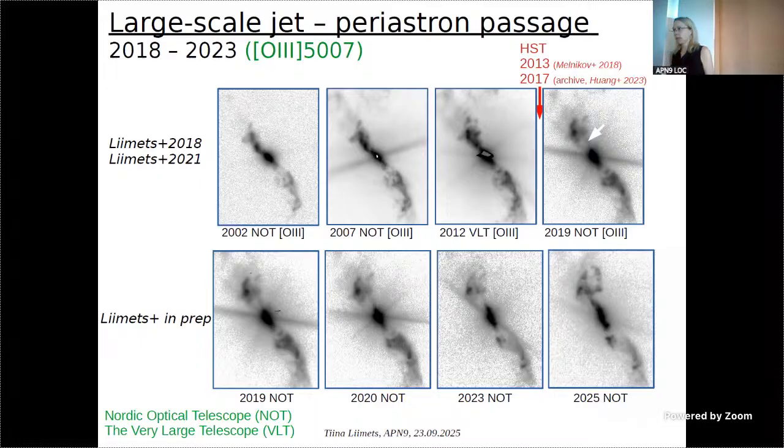It's not recombination, because the other emission lines, we have images in several optical emission lines, show similar changes on similar timescales. If these are all oxygen 3 images and it were recombination, then the changes in oxygen 3 would be much faster, but they are not. But to distinguish between the other phenomena happening in this system is very complicated to disentangle.